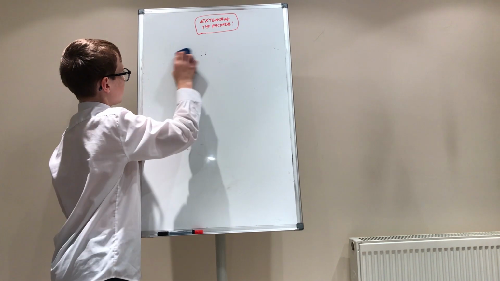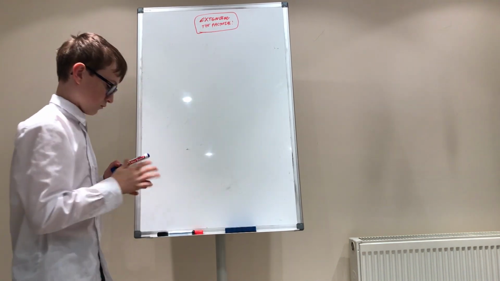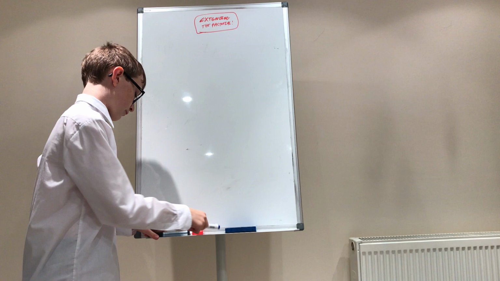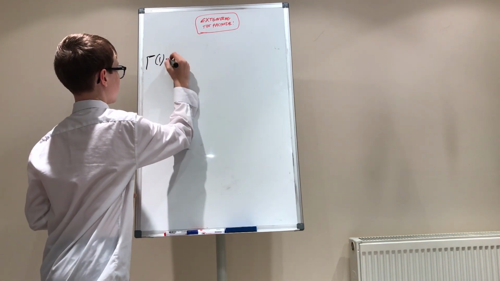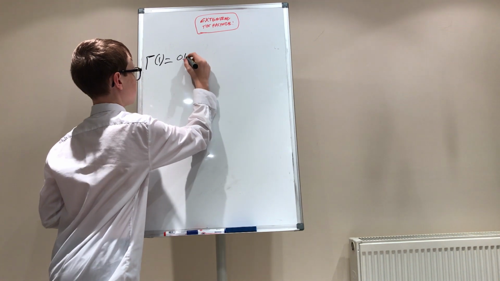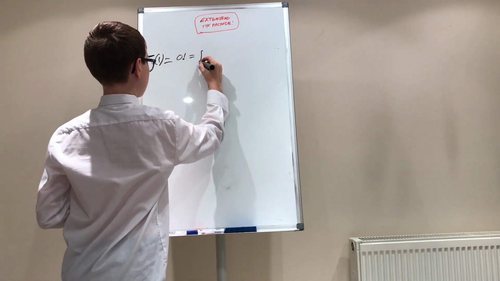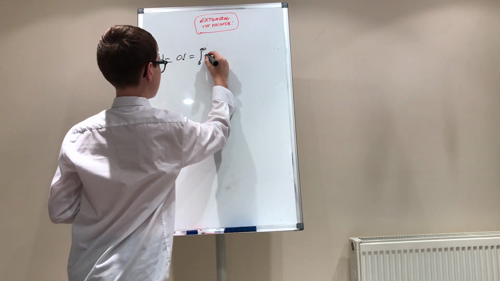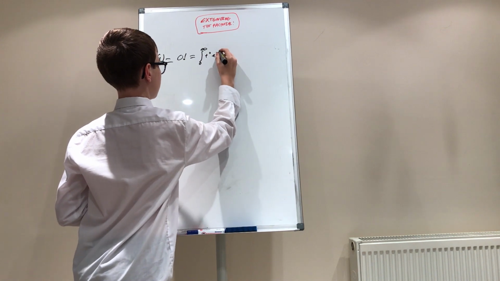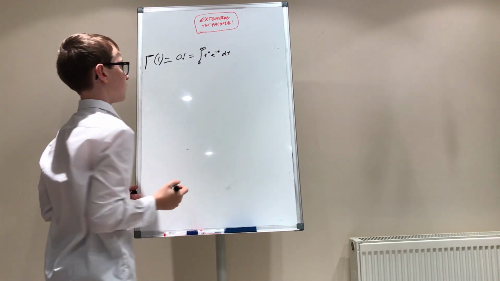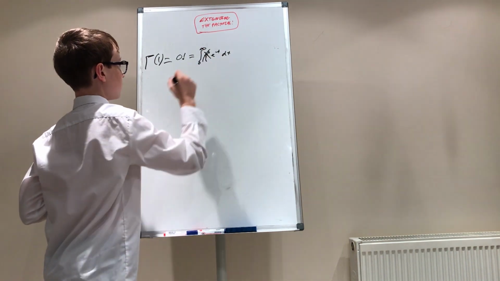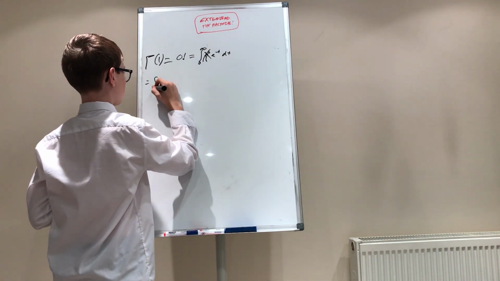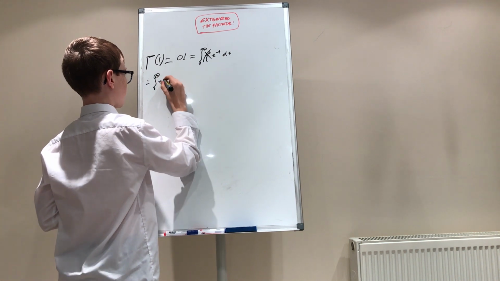So, gamma of 1 equals 0 factorial, which equals the integral between 0 and infinity of t to the power of 0 times e to the negative t dt, which is just, this will always be 1. This can go away. So this equals the integral between 0 and infinity of e to the negative t dt.